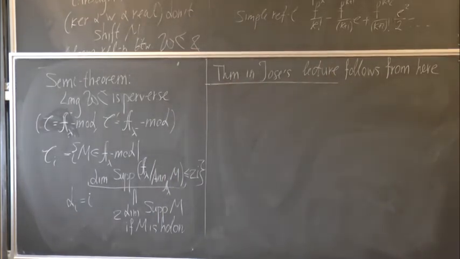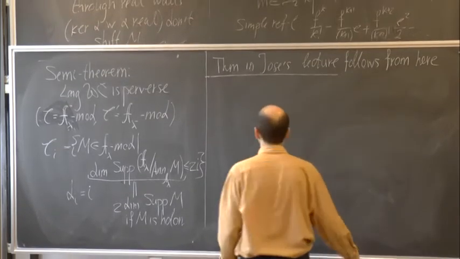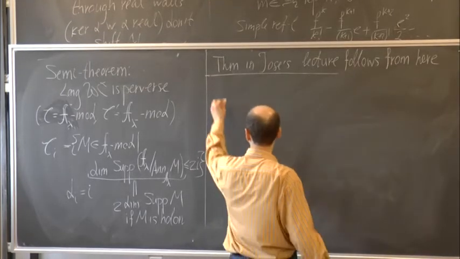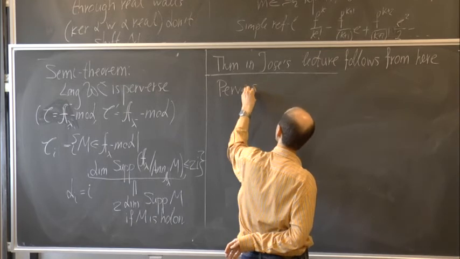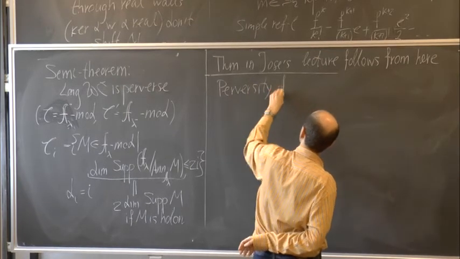And now let me return to the imaginary short wall-crossing functor, so to perversity of the imaginary wall crossing.